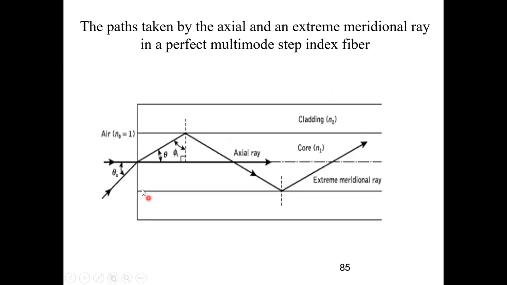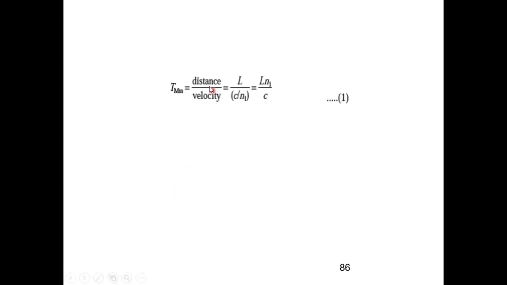Distance, if you see the diagram that you have drawn, the meridional ray makes an angle theta with the axis, and if L is the length along the axis, what will the distance be? How will this formula change? That was straight L, but here it is at an angle now. So what will be T max? Anybody?